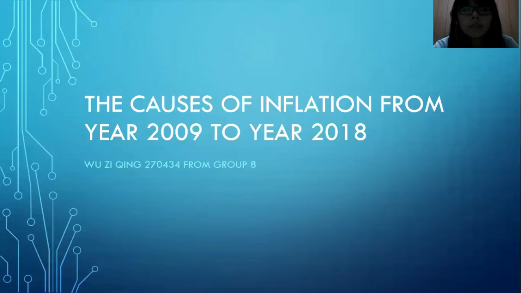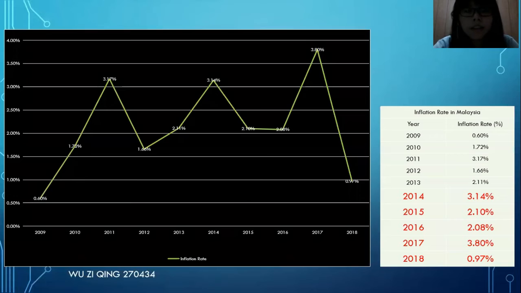As you can see from the graph and table, the inflation rate in year 2014 showed a rise, from 2.11% in 2013 to 3.14% in 2014. The inflation rate increased as the cost of production increased when the oil price climbed up.